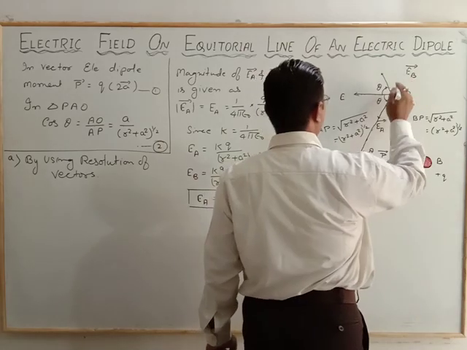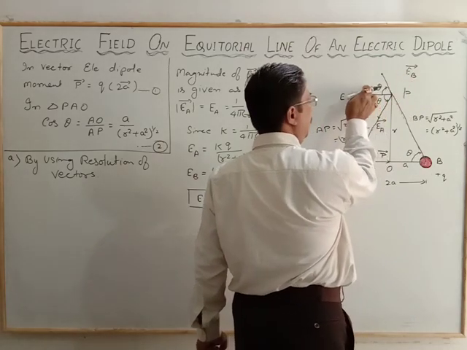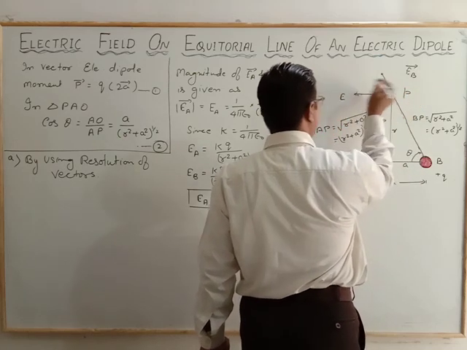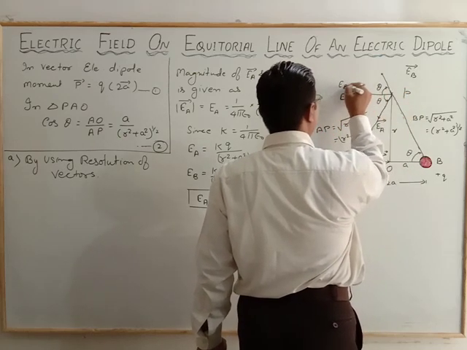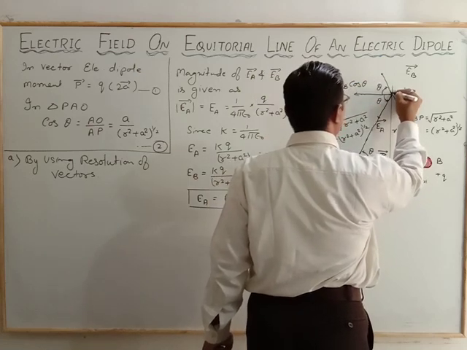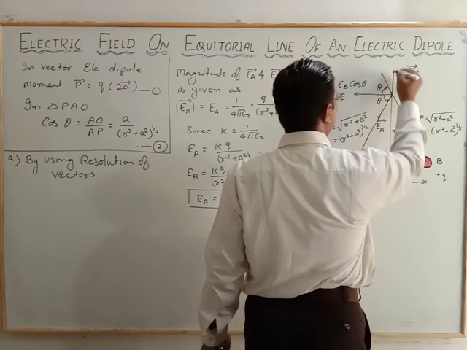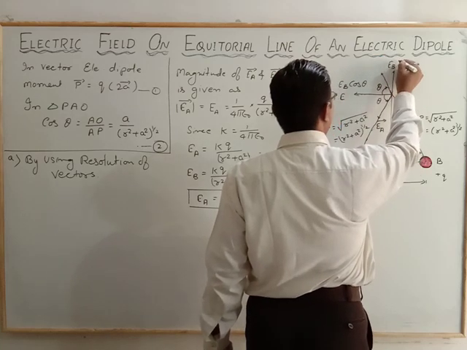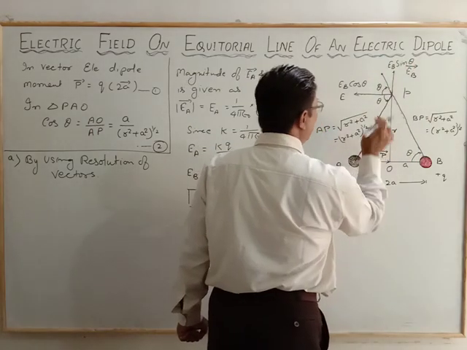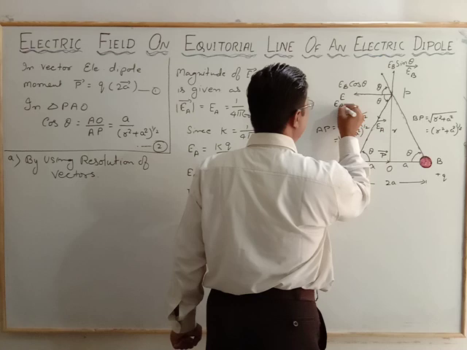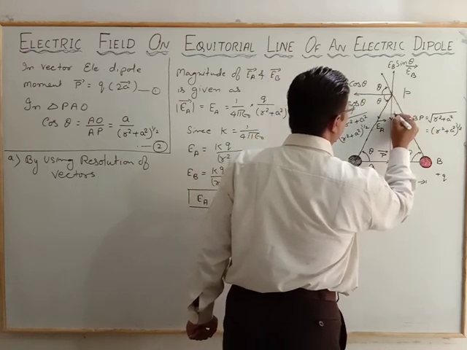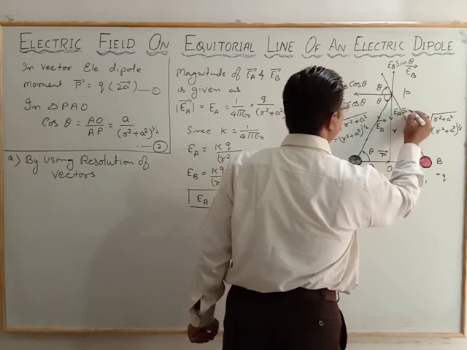Here the EB vector has a direction along the angle theta. So we resolve it into 2 components. Here it is EB cos theta, and along the line of the equatorial it is EB sin theta. Similarly for EA, it has EA cos theta, and along this line it is EA sin theta.